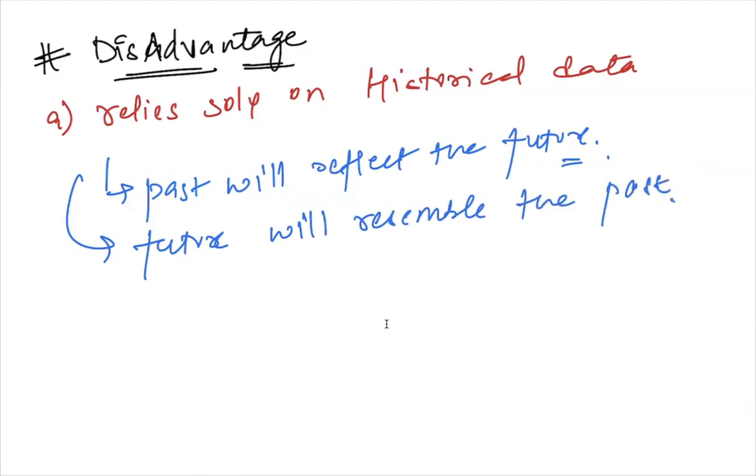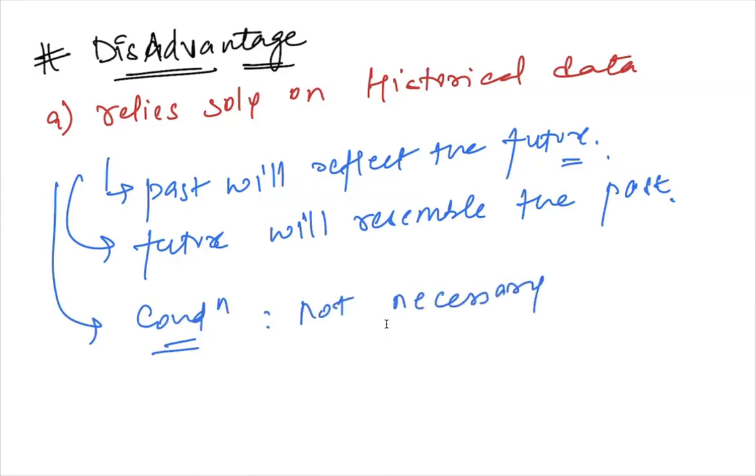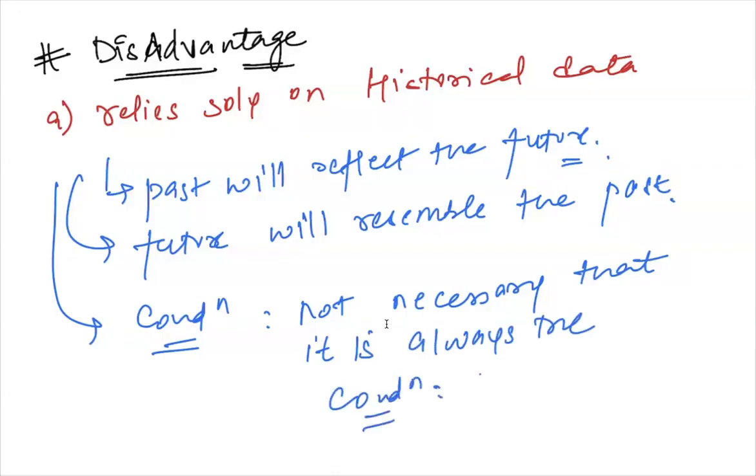Now, what if it does not resemble? This condition is not necessarily always true. What is the condition? That the future will resemble the past. What if it doesn't?